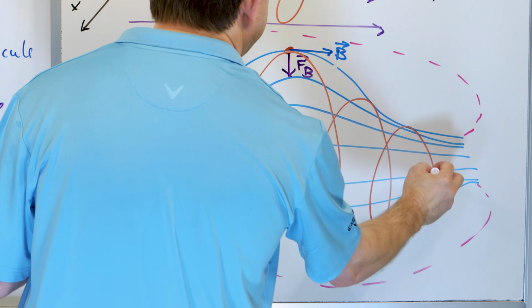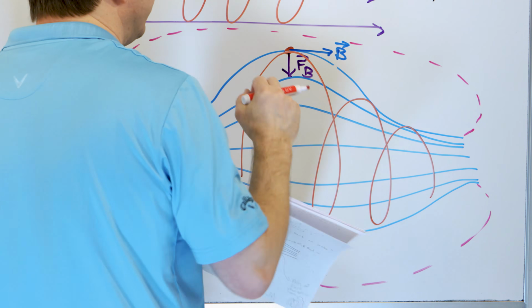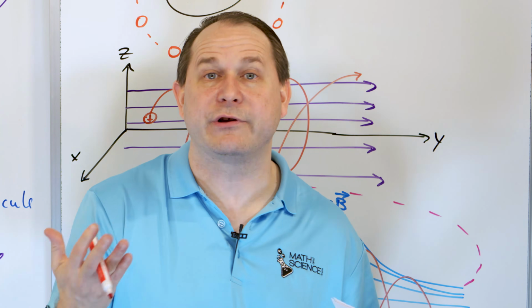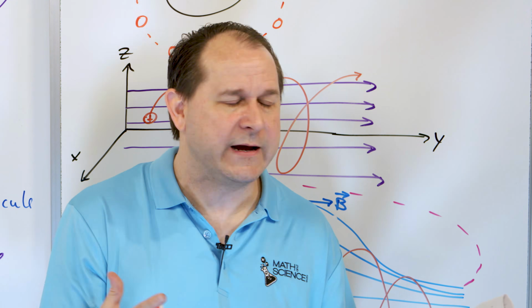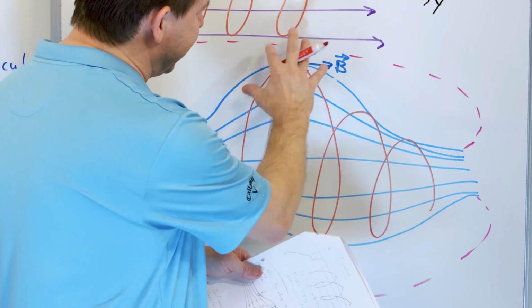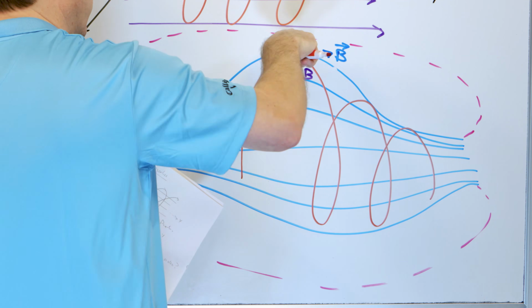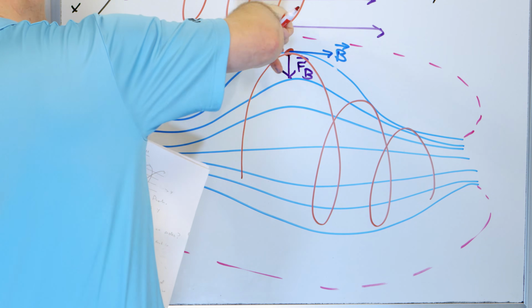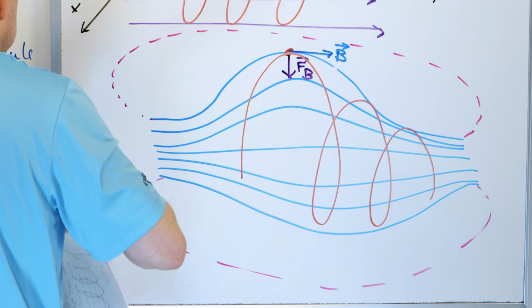You see, it's kind of confined. There's what we call a gyro radius. You can calculate it when you study the stuff in detail. There's a radius to the orbit that's very well defined. Right now, I'm drawing it not so great because this is just a freehand thing, but you get the idea. It's going into the board. There's a force down that causes it to be curved down. And so it follows this helical trajectory right here.